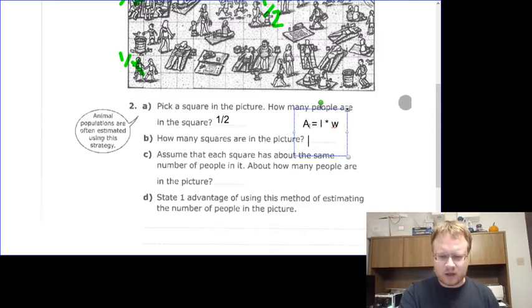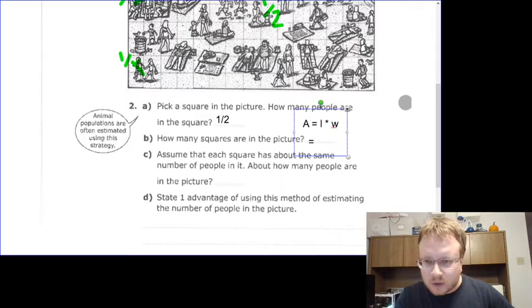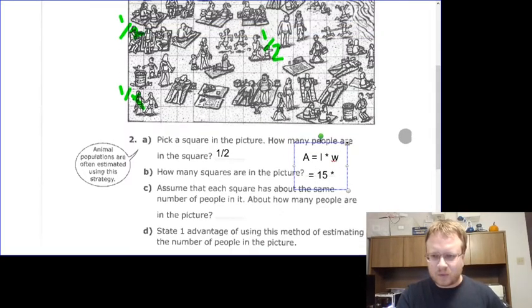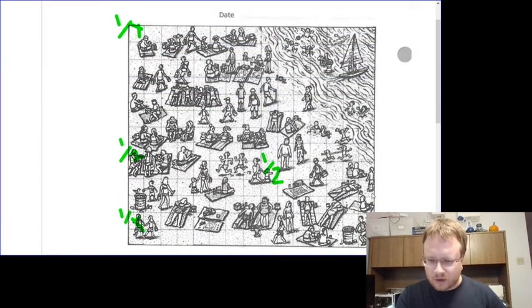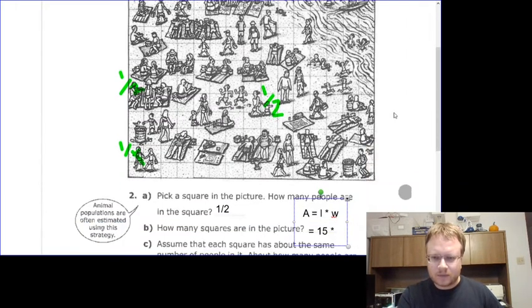How many squares across? Let's take a look. 1, 2, 3, 4, 5, 6, 7, 8, 9, 10, 11, 12, 13, 14, 15 times the width. So how many squares go the other way? 1, 2, 3, 4, 5, 6, 7, 8, 9, 10, 11, 12, 13.